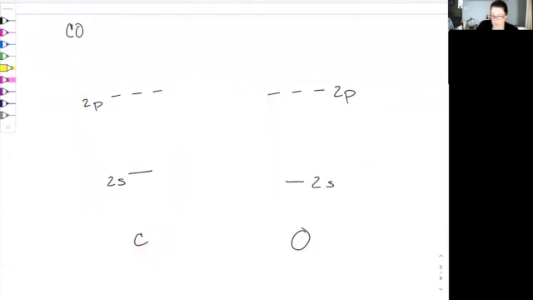So the part in the middle, which shows the molecule, will be given to you. And that's going to look like this, where we have a sigma and a sigma star. And then we'll have a sigma, 2 pi's, 2 pi stars, and a sigma star.